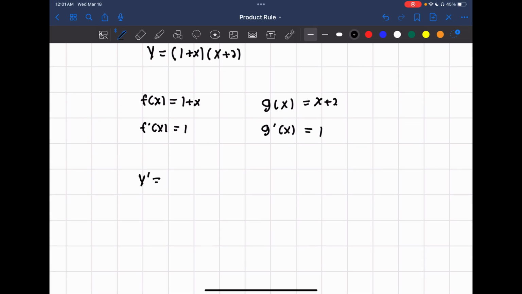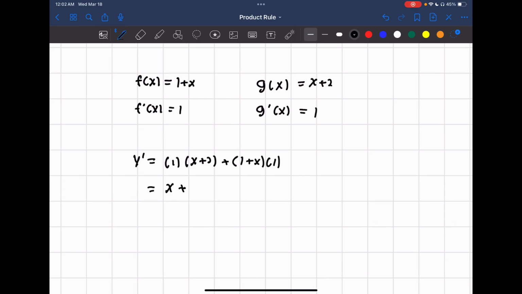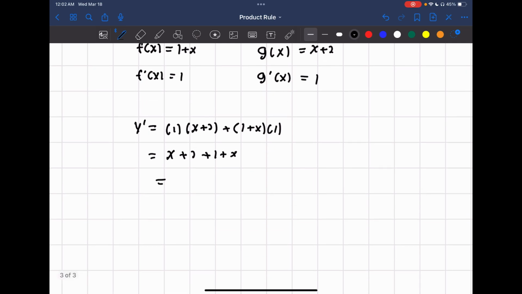And y prime will be 1 times x plus 2 plus x plus 1 times 1. And this would simplify to x plus 2 plus x plus 1, which equals 2x plus 3. This is our final answer.